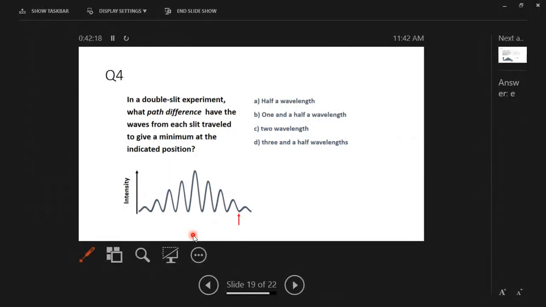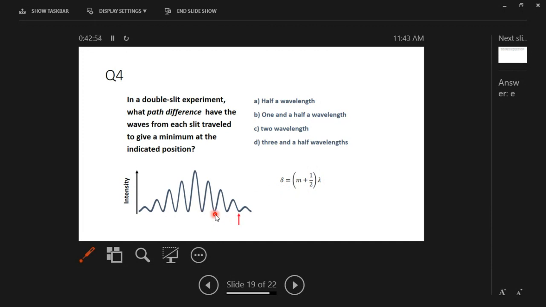Okay, I didn't get that many correct answers for this one. Less than half, 50%. Let me tell you that we know for dark fringes, where we have a minimum, the path difference is (m plus 1/2) lambda. So how can I find the path difference for this point? If you remember the way that I labeled these, this is m equal to 0 for the dark fringes.